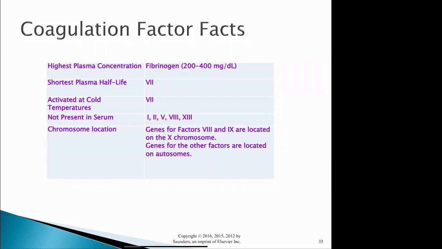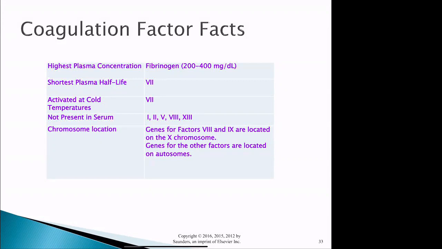Okay, fibrinogen or factor 1 is the one factor that is in the highest concentration in the plasma. So you'll find fibrinogen is the most abundant factor. The one that has the shortest half-life is factor 7. Do you guys know what that means? Having a short half-life, plasma half-life? They don't live long.